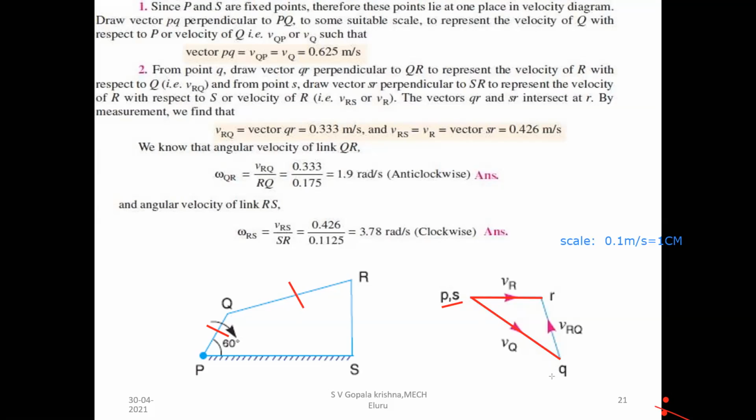Q is already known, so now draw that perpendicular.